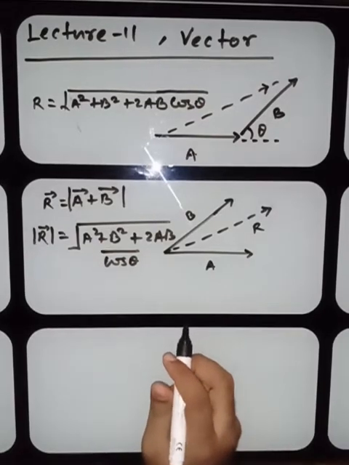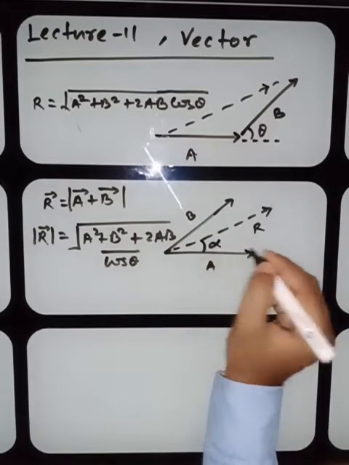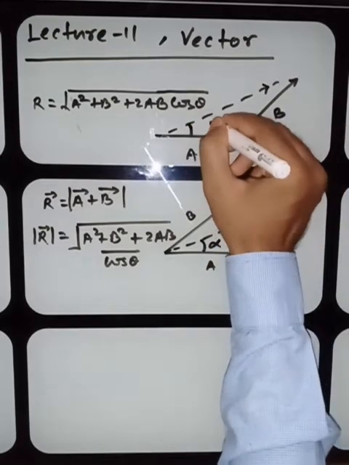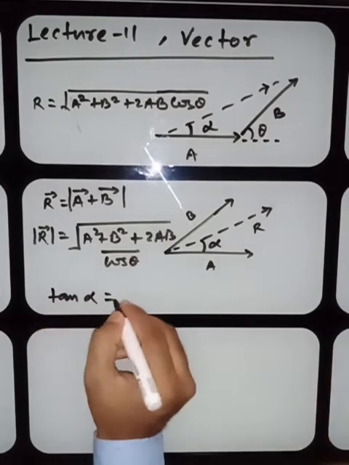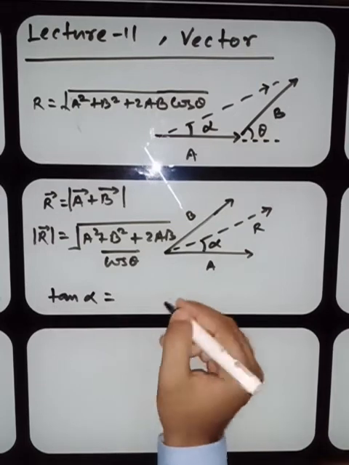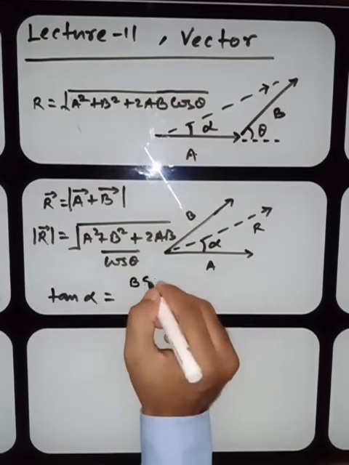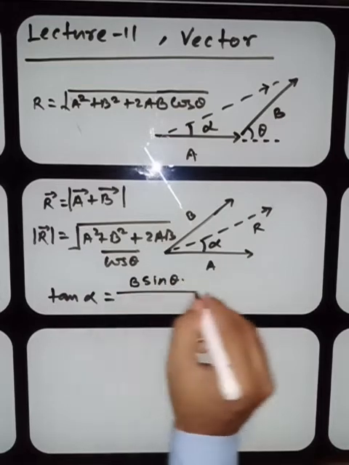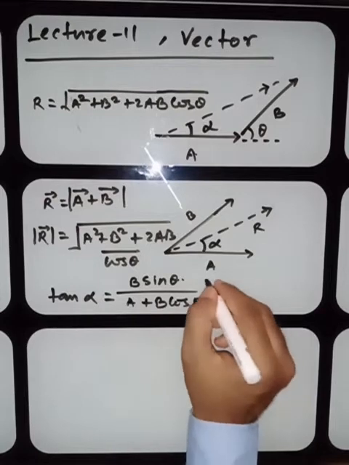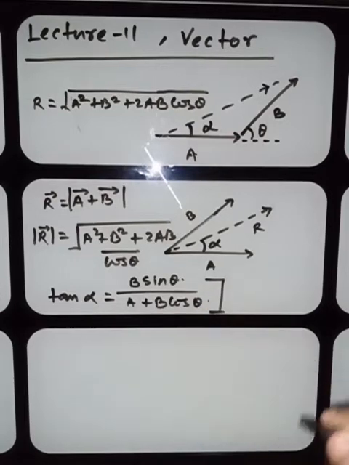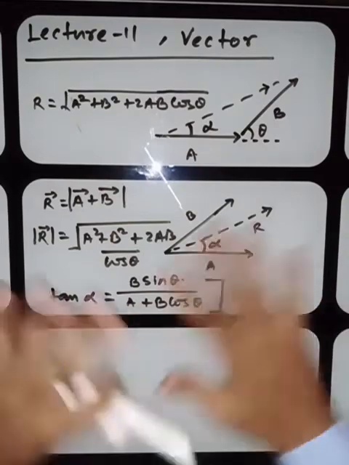We have also studied the angle alpha that the resultant makes, and tan alpha is B sin theta over A plus B cos theta. This was the direction of the resultant that we have discussed till here.